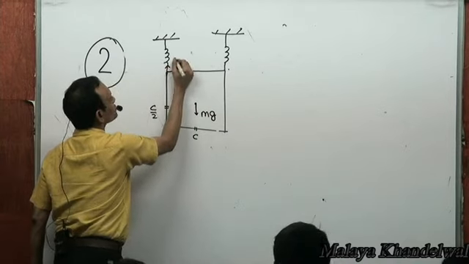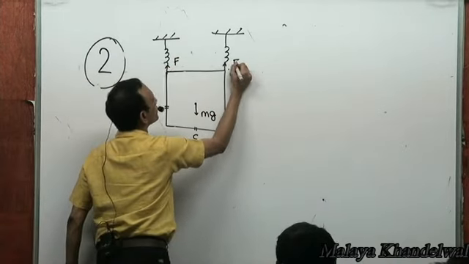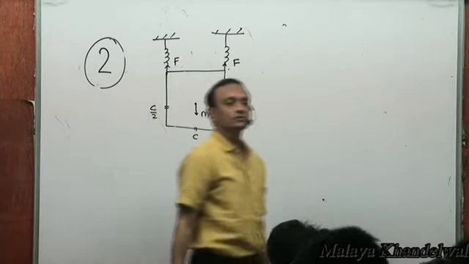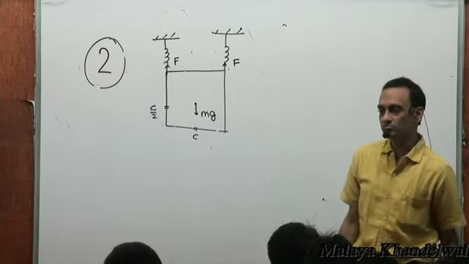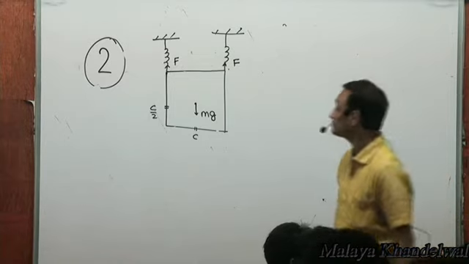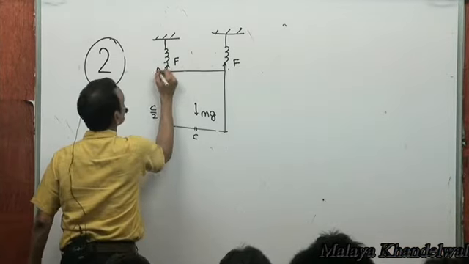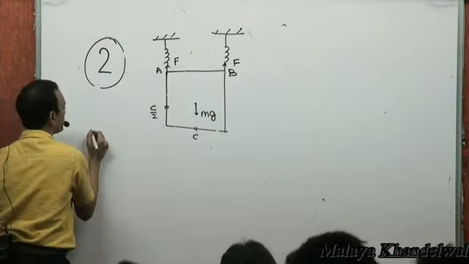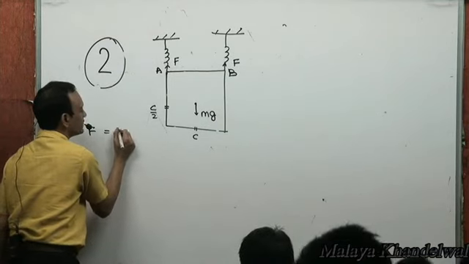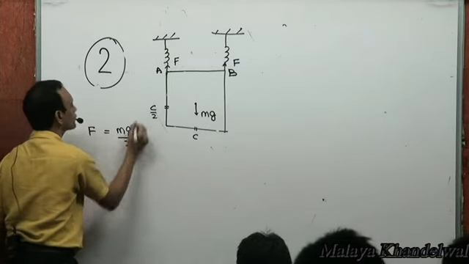Now if the spring force is F, both springs will elongate to balance the weight. So 2F would be mg. Before I snap B, F therefore would be mg by 2, right?